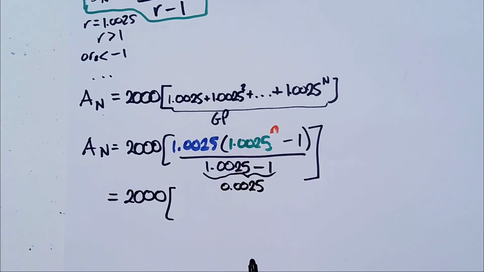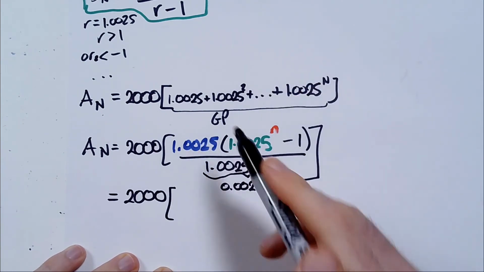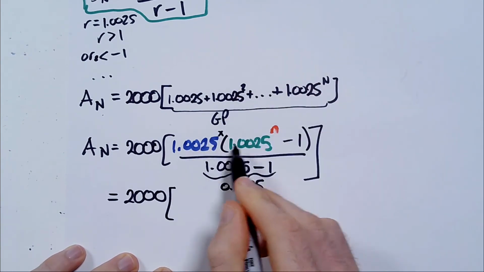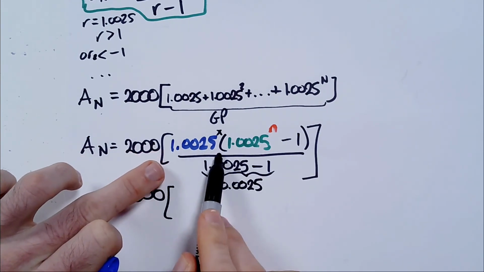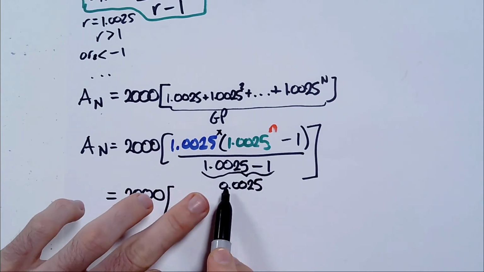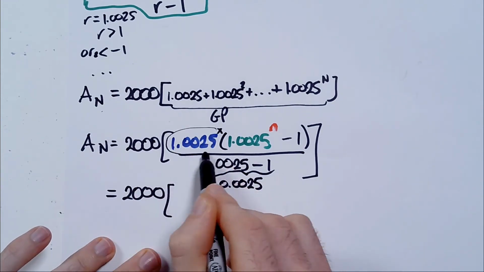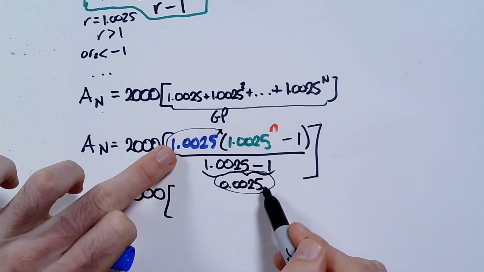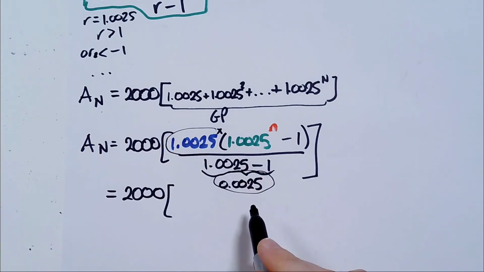But what we can do next is actually divide, because this is all part of one fraction, and because this number is multiplying by this whole bracket, we can actually divide 1.0025 by 1.0025 minus 1, which is 0.0025. So we can divide this number that I've circled by this number here, and get rid of the denominator.